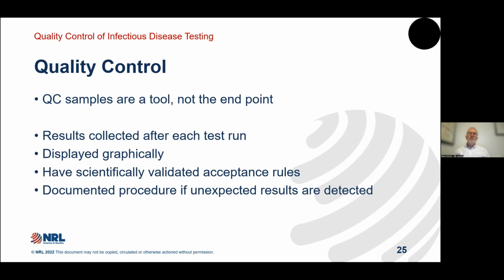The way we do this is to collect results after each test run, have some form of software to display those graphically, whether it's Excel or a proprietary third-party software, have some scientifically validated acceptance rules to understand what those results mean, and then have a documented procedure to handle those unexpected results if they are detected.